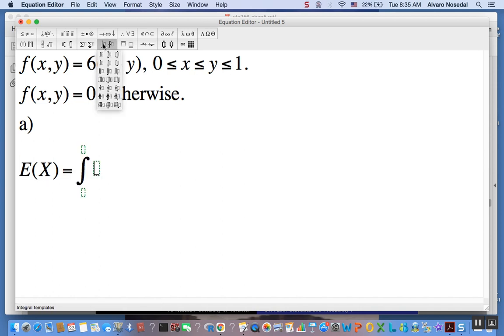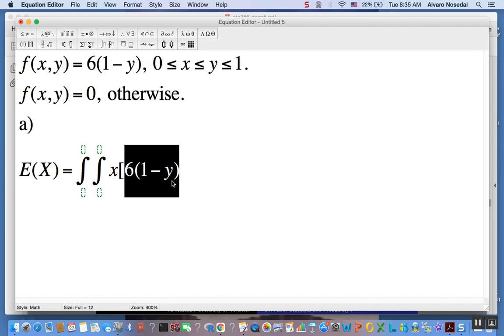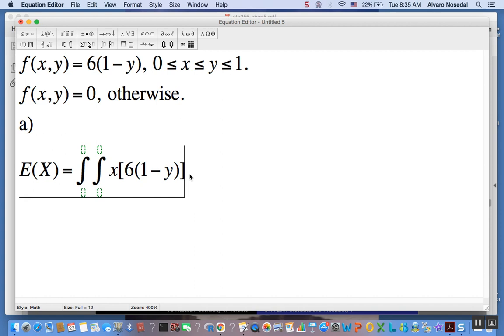I'm going to be careful with those upper and lower limits in just a sec, but it's just x, because that's my g function, times the joint. The joint is this guy.